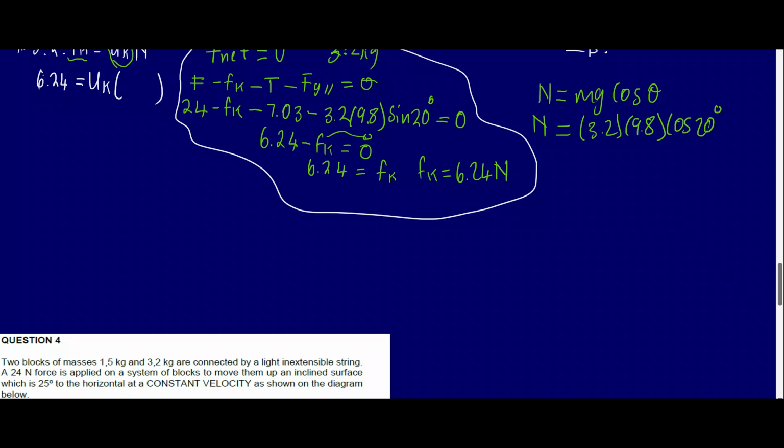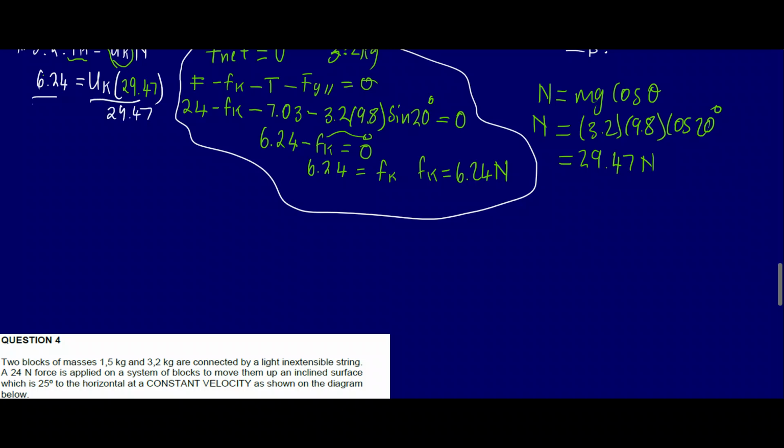So the normal force is what? It's 3.2 times 9.8 and then cos 20, which is the angle of inclination. So let's do that quickly. 3.2 times 9.8 cos 20 degrees. Then I'll get the answer for the normal force. It's going to be 29.47 newtons.